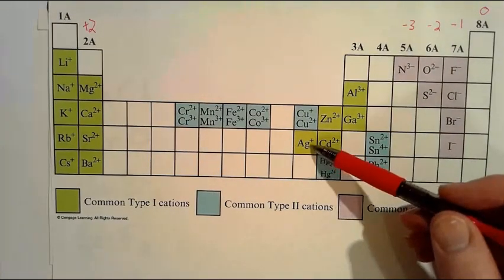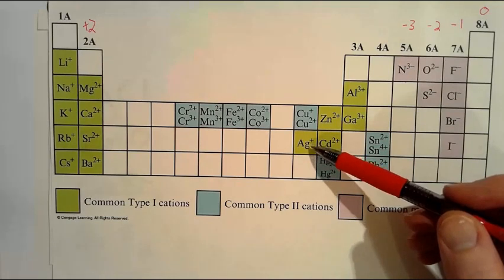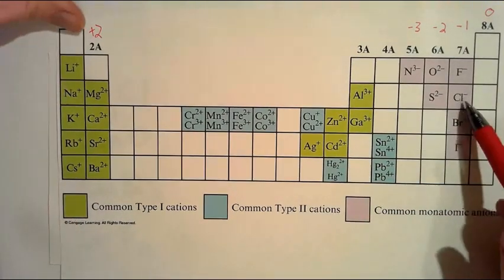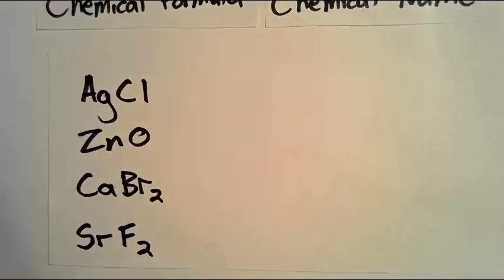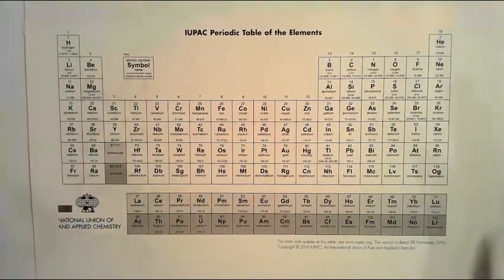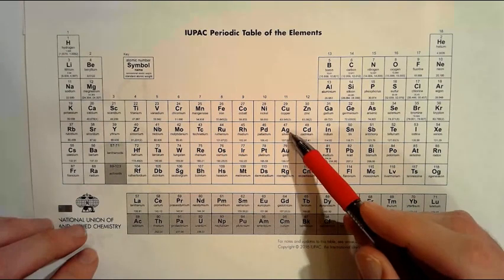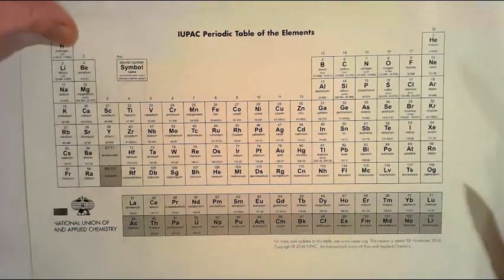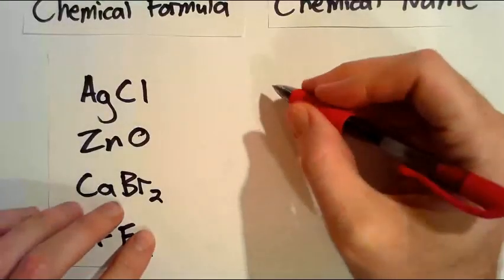I see that Ag is a type 1 cation, and then Cl is an anion. So I can look at this periodic table, which is available in my classroom too, and see that Ag is silver and that Cl is chlorine. So this is going to be silver chloride.